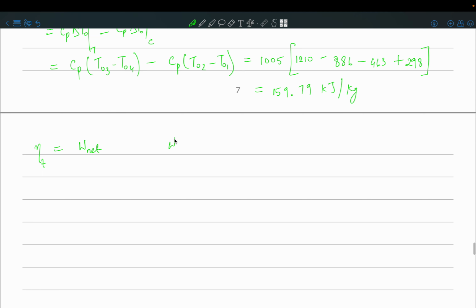That is nothing but work of turbine minus work of compressor, which we calculated, divided by the total heat input that is there. Okay, so we can find the total heat input. What is total heat input? It will be Cp times T03 minus T02, right? So use this and tell me what is the thermal efficiency.